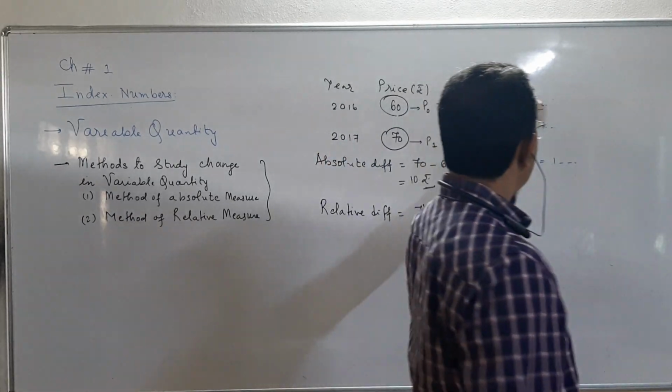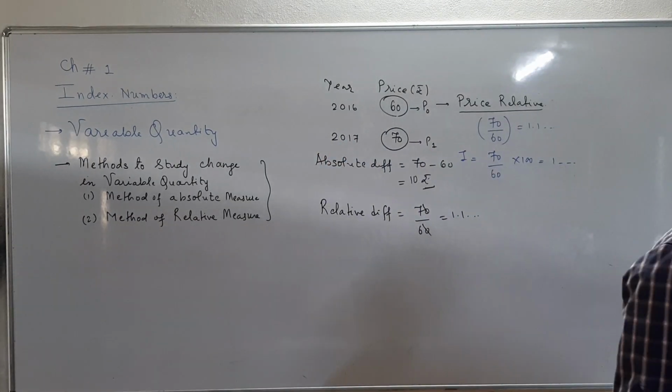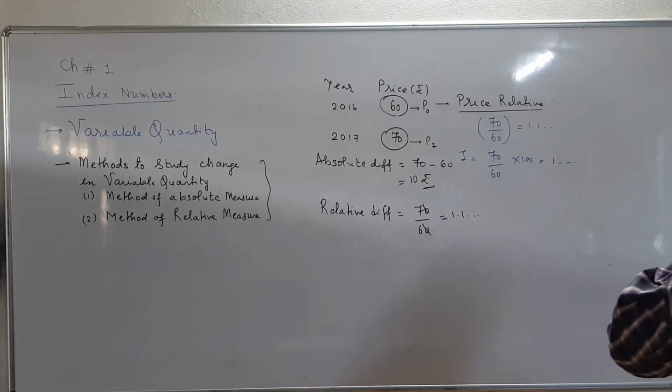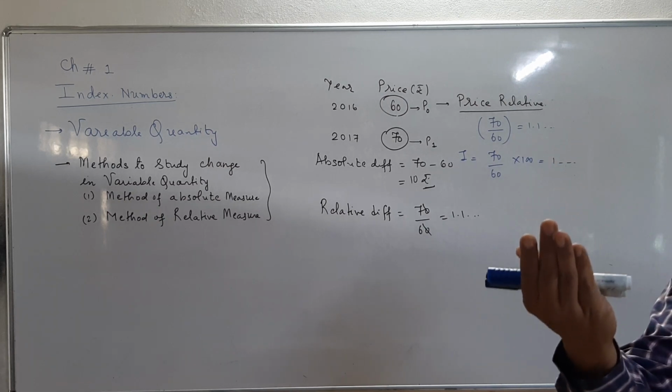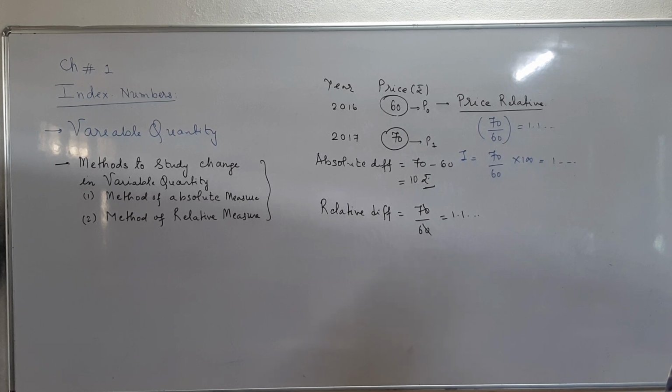Now students, what is price relative? The ratio of price in the higher year to the price in the lower year is called price relative. So if 2020 and 2017 are given, then 20 is the higher year and 17 is the lower.